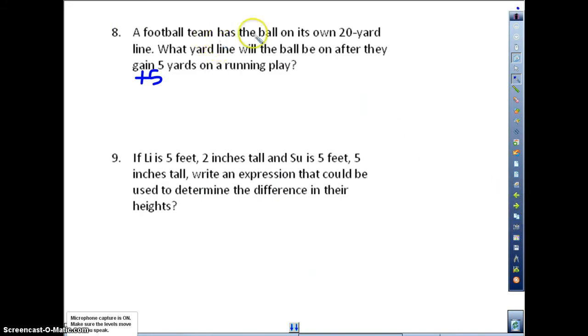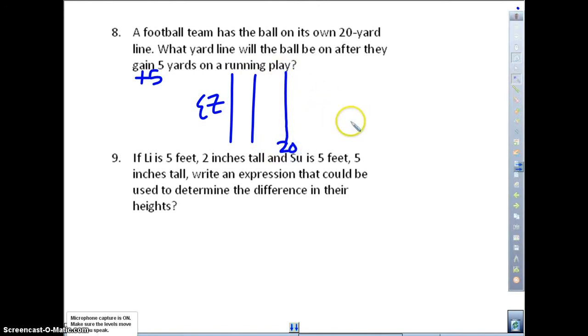A football team has the ball on its own 20-yard line. Here's the end zone down here. Here's the 10-yard line. Here's the 20-yard line. This is their 20-yard line. You have to know football in order to do this question, so this question really isn't fair.